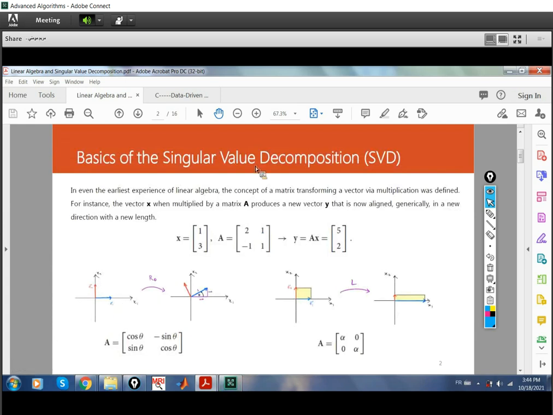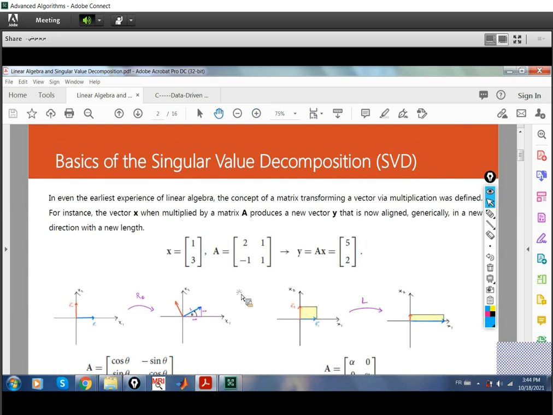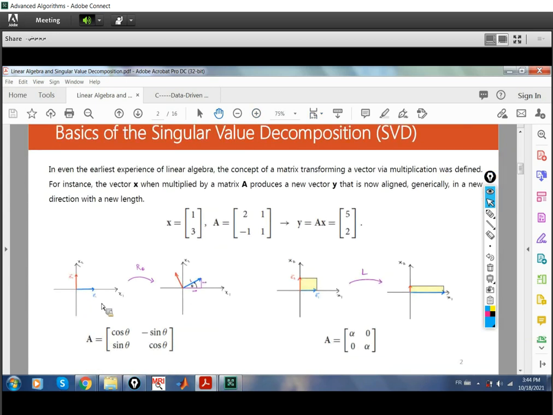First, consider 2 vectors, E1 and E2. If you want to rotate them around the center with theta angle, then in the field of linear algebra, you need a matrix.